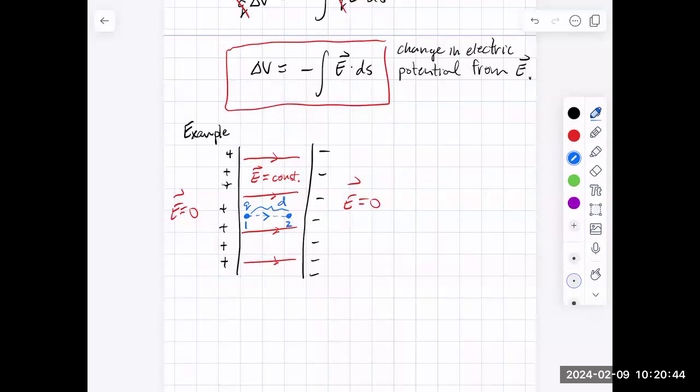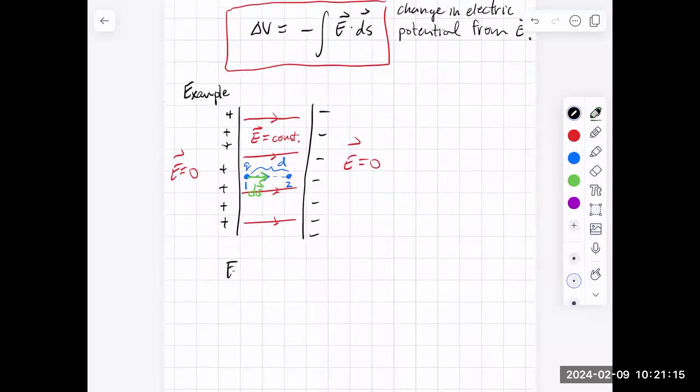The other thing we're going to do to make this calculation simple is make my displacement ds in the same direction as the electric field. Here, I forgot my vector sign over my displacement. So our ds in this case is in the direction of the electric field.